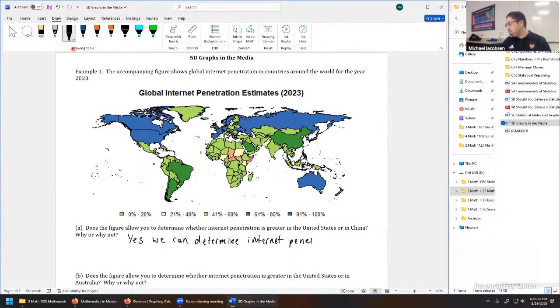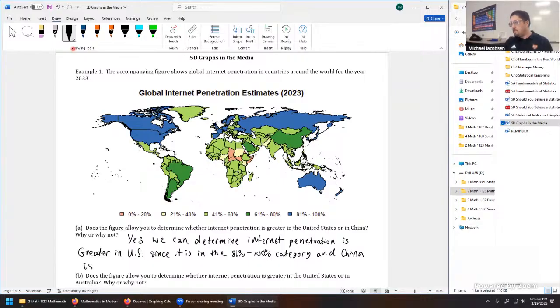Internet penetration is greater in the US since it is in the 81% to 100% category, and China is in the 61% to 81% category. So any questions at all, folks, on that conclusion there for part A?